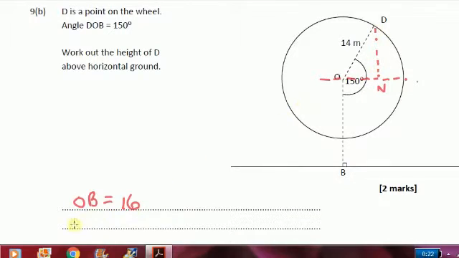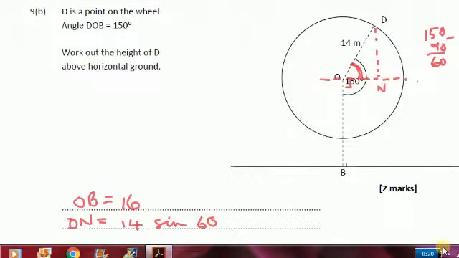Now DN, I don't know that yet, but let's look at that triangle. Got the radius of 14 times the sine of that angle. And that angle is going to be 150 minus the right angle, minus 90, sorry, I'm giving you the answer. 150 minus 90 gives us 60 there.